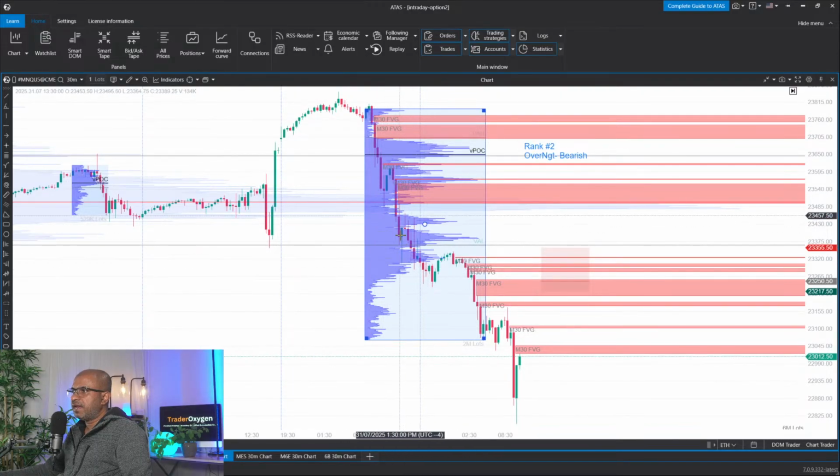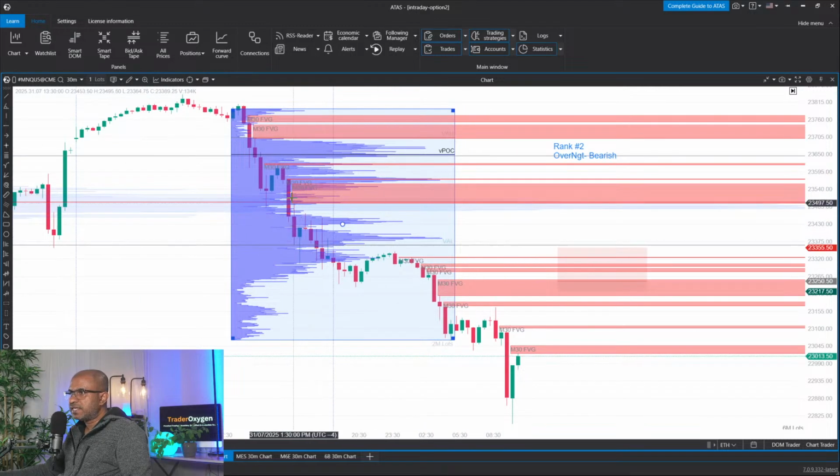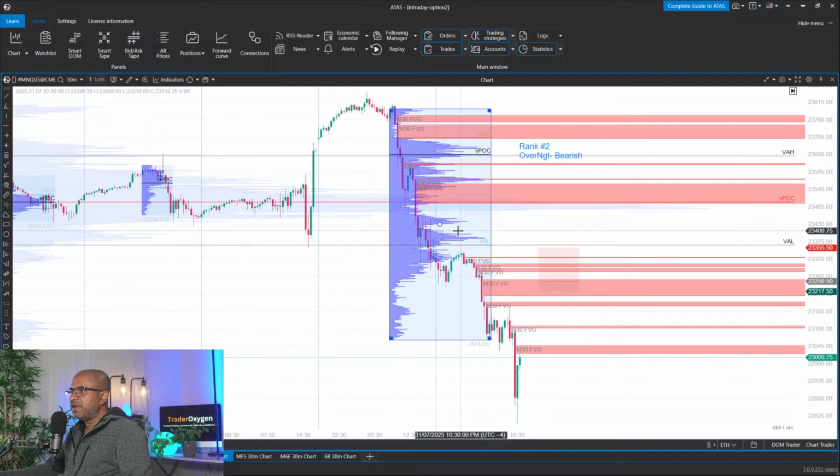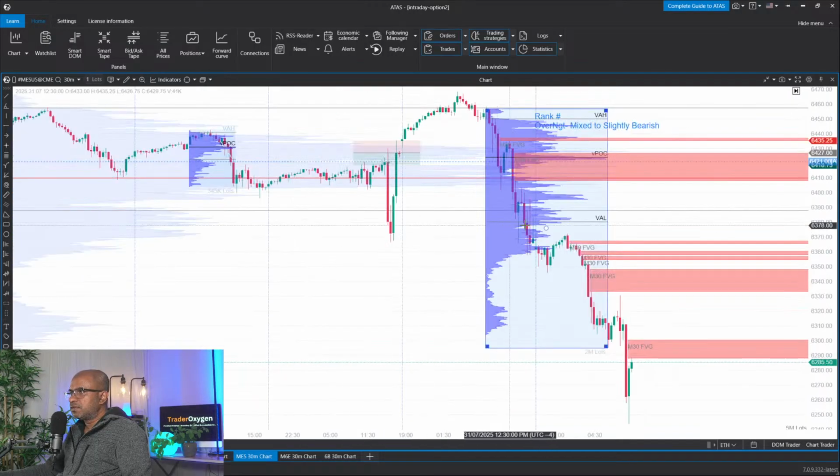That's mainly because, as I said, the price was moving back up and down and heavily traded. So we got the same issue here as well.